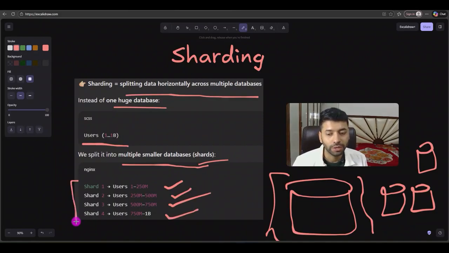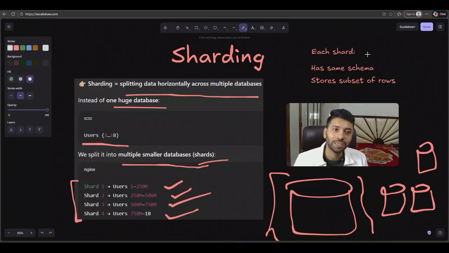So we have distributed it into multiple smaller databases or shards. Each shard has the same schema and stores a subset of rows. For example, one has user data from 1 to 250 million and similarly another 250 to 500 million, but every shard has the same schema and contains a subset of the complete data.